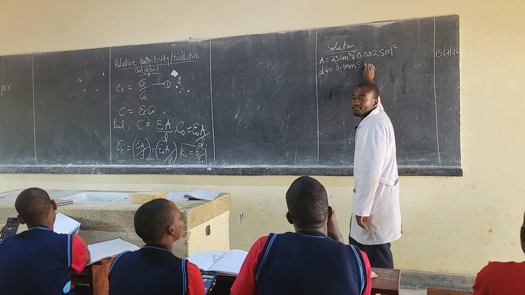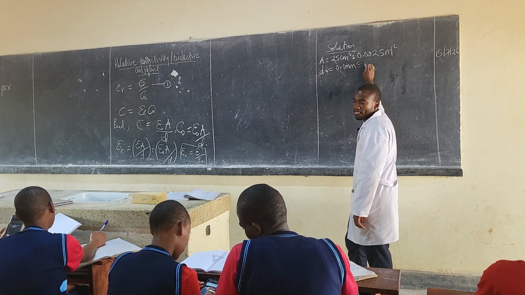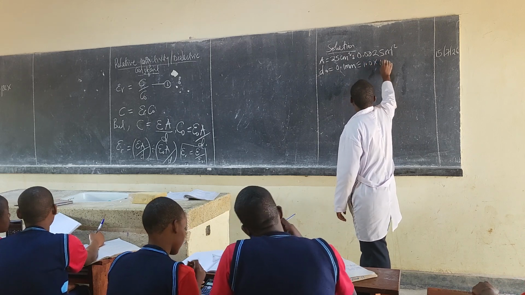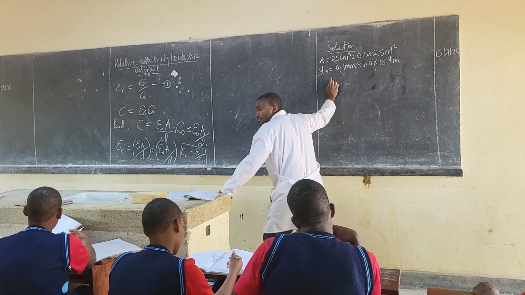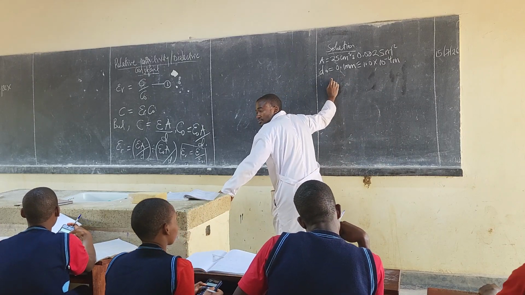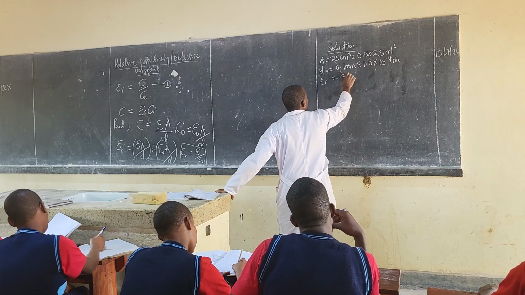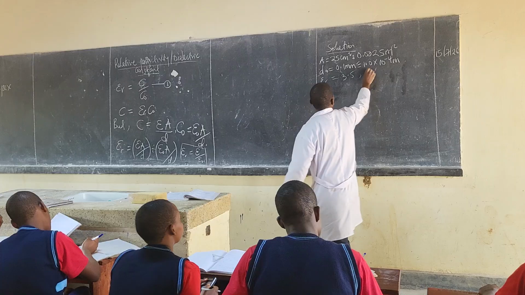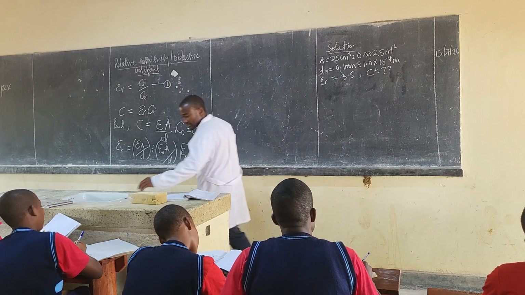Give it to me in scientific notation. 1 times 10 to the power of -4 meters. What else do we know? Relative permittivity as 3.5, and what are we supposed to find? The capacitance. This is direct substitution. Please do it.